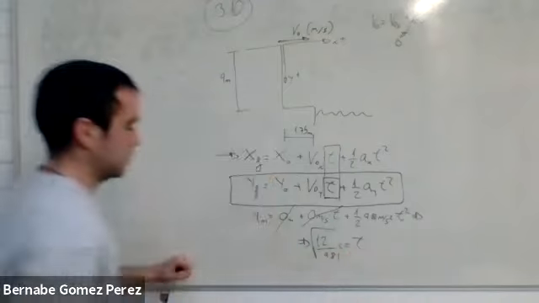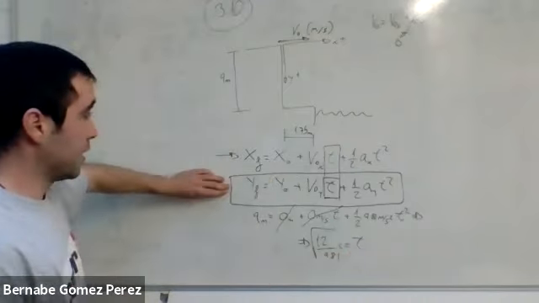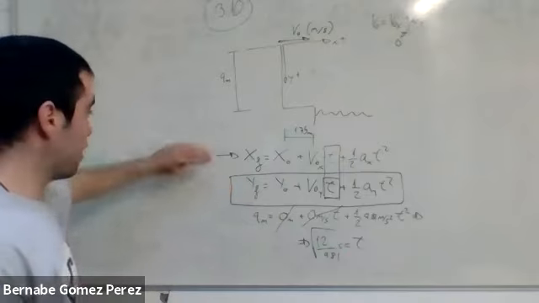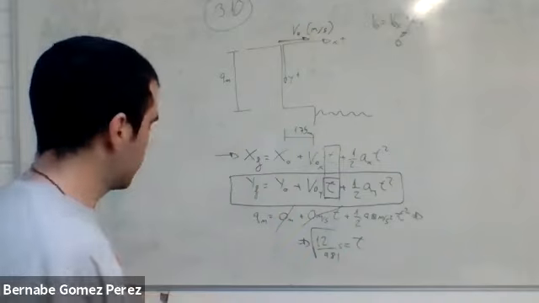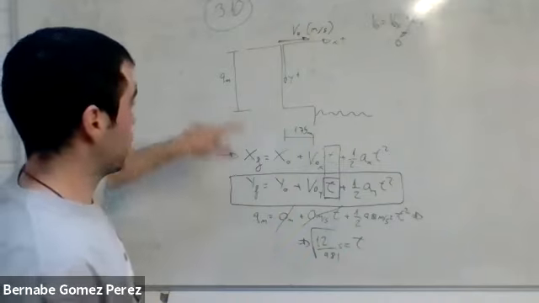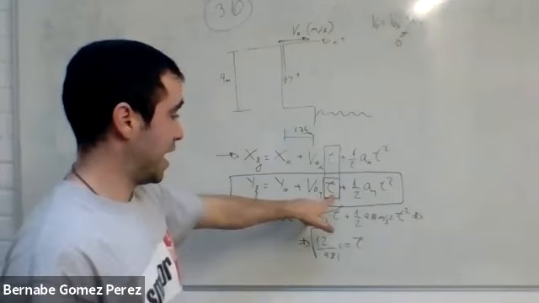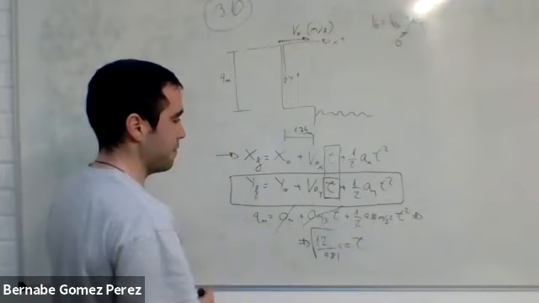Seconds. Okay, does this make sense? So basically, we have two equations, one for the displacement in x, one for the displacement in y. We start by working out the y because we know everything except the time. So we want to figure out the time. We know the acceleration, the initial speed, everything.